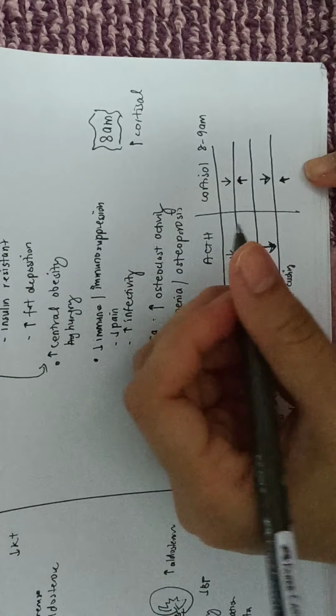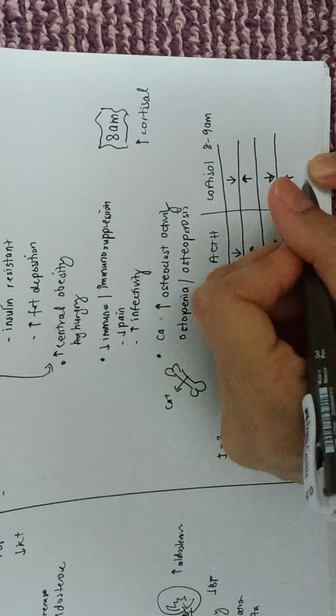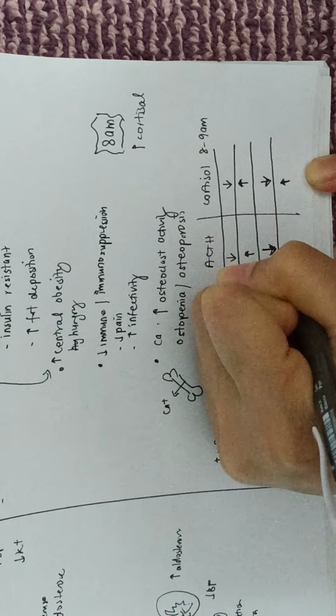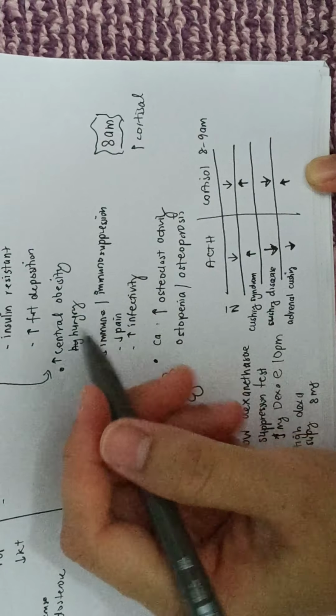So in adrenal, with the high level of the cortisol given, the ACTH will be low and the cortisol will be high.